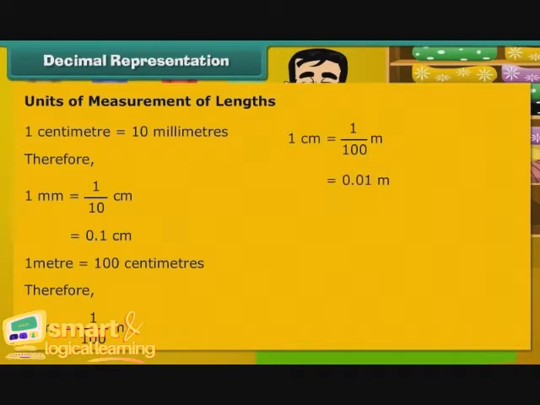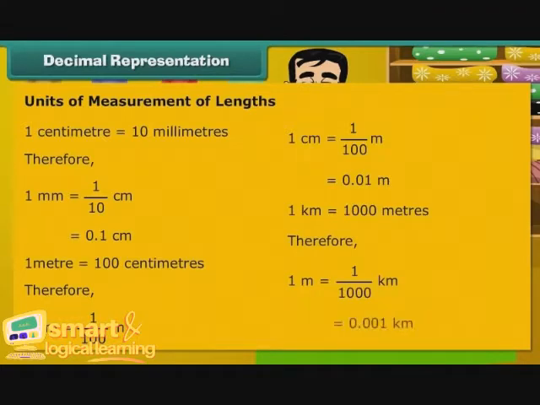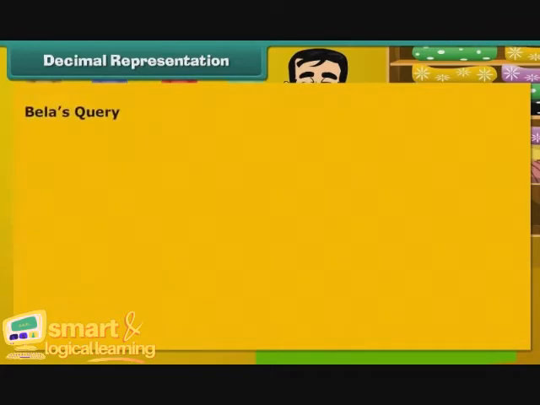That is equal to 0.01 meter. 1 kilometer is equal to 1000 meters. Therefore, 1 meter is equal to 1/1000 kilometer. That is equal to 0.001 kilometer.